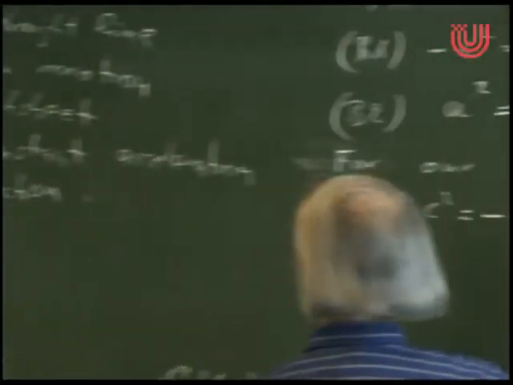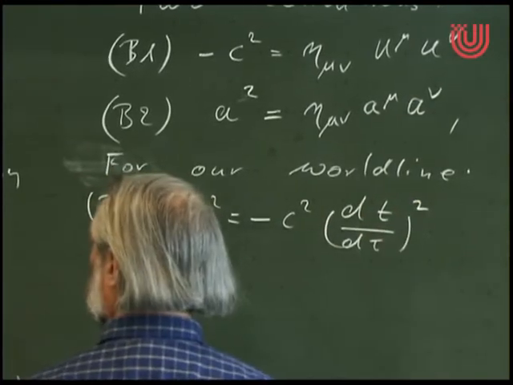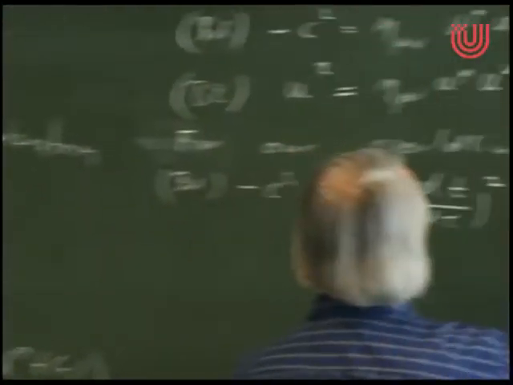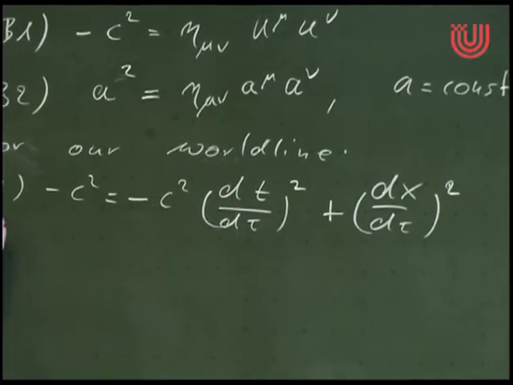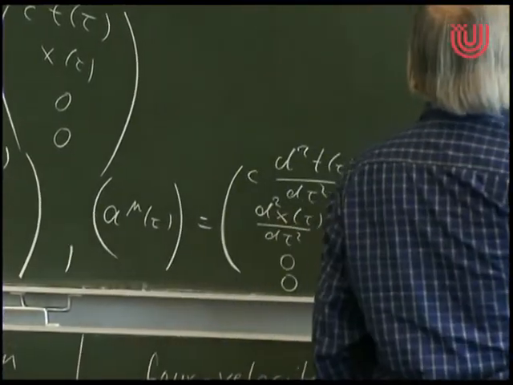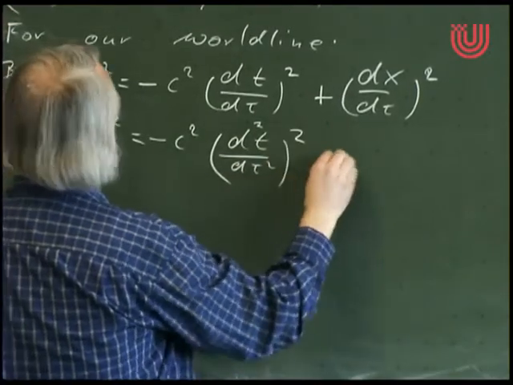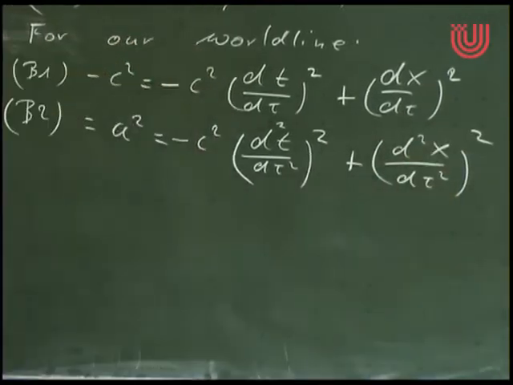And this is minus c squared dt d tau squared. And then with a plus sign, this here squared. This is eta 1, 1, x1 squared. So this is dx by d tau. So that's the first condition. And the second condition is the analogous expression for this here. This squared with a minus sign, minus c squared, second derivative, squared plus second derivative of x squared.